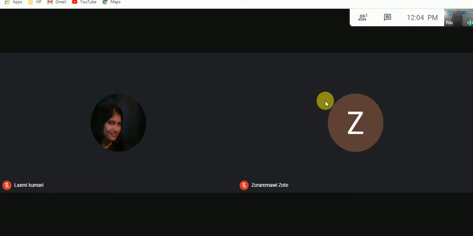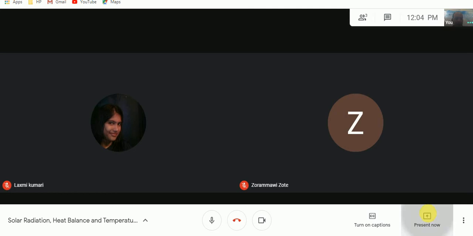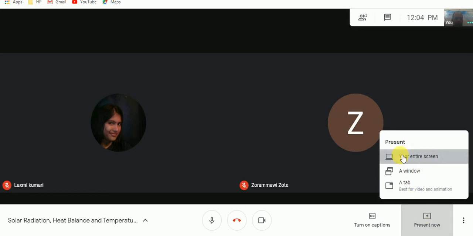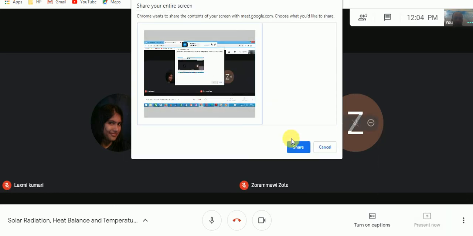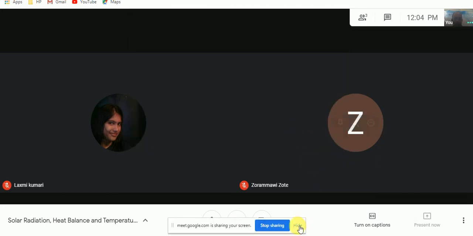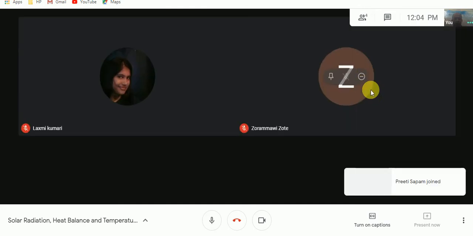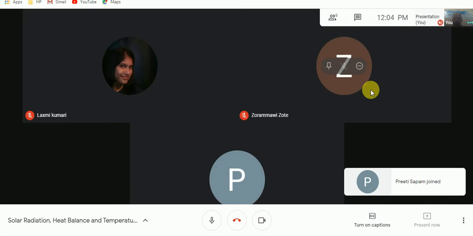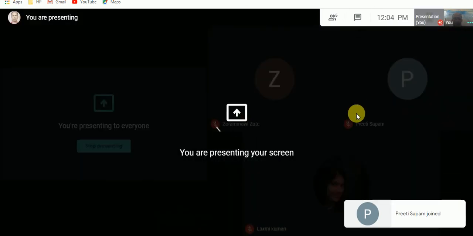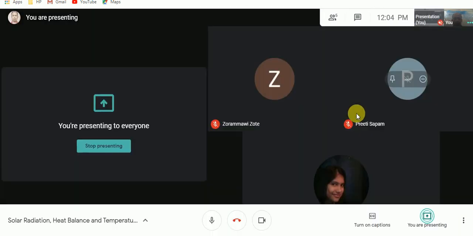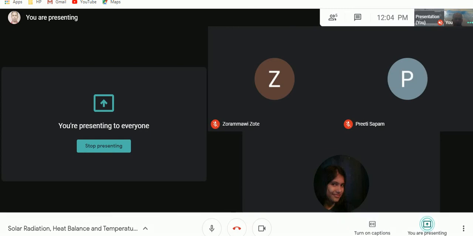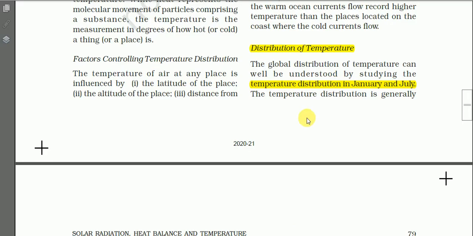Now, let me present my screen. Distribution of temperature on the Earth's surface.